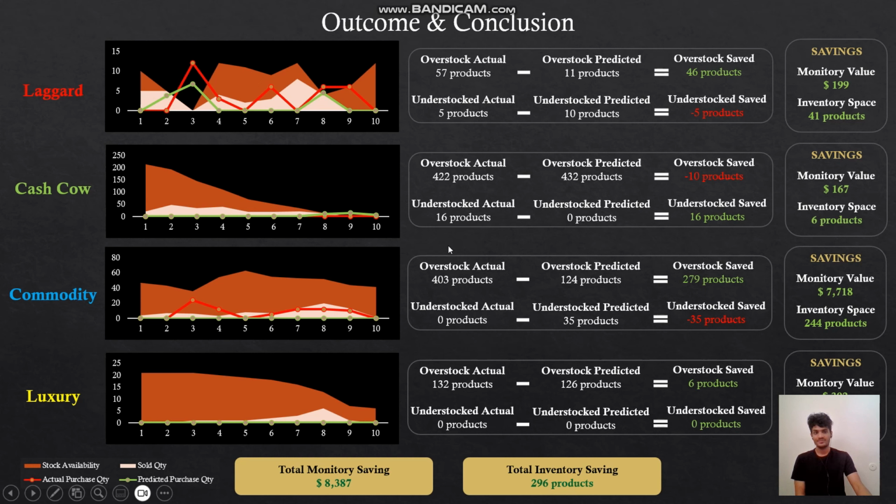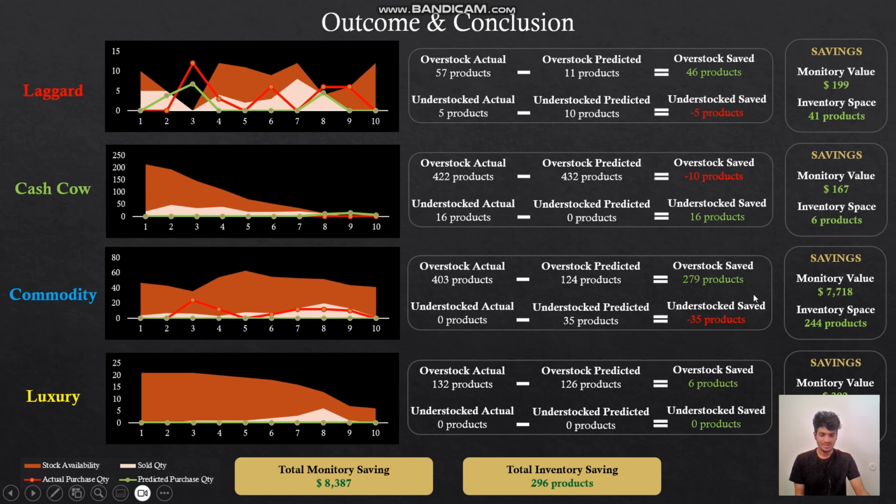Now the same calculation was applied to all the products, and the commodity product was the one where we could have saved a lot because the retailer was overstocking this product already when there were no sales happening, and on top of that he made purchases in few weeks when it is not really required.